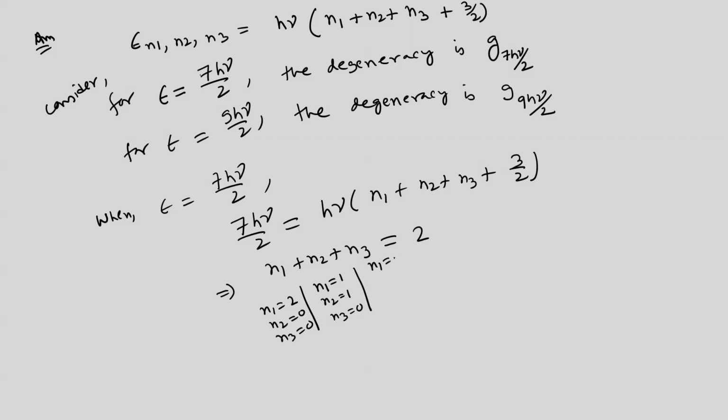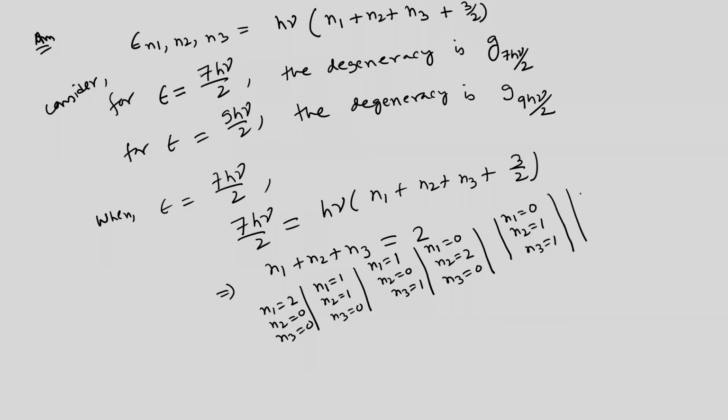Third is n1 equals 1, n2 equals 0, n3 equals 1. Fourth is n1 equals 0, n2 equals 2, n3 equals 0. Fifth is n1 equals 0, n2 equals 1, n3 equals 1.